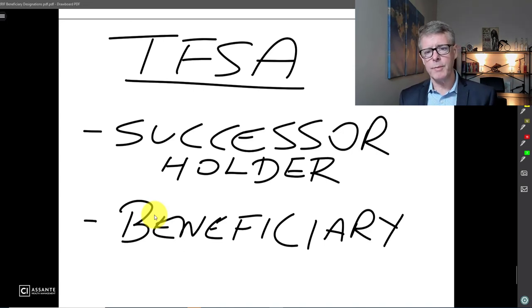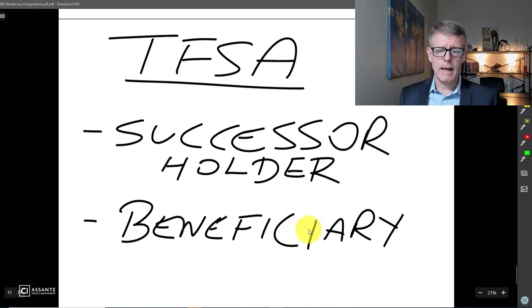Sometimes there's mistakes where people who have a partner list their partner as a beneficiary, and there is still a provision in the tax code, whereas as long as you do it before the end of the year, let's say you have a tax-free savings account, you've listed your spouse as the beneficiary and not the successor holder, then if you died in July, your executor family has until the end of the year to get that account rolled in to take advantage of the successor holder provisions.